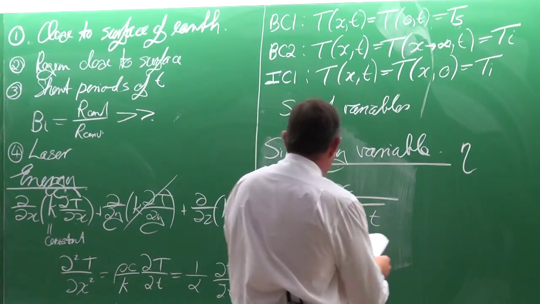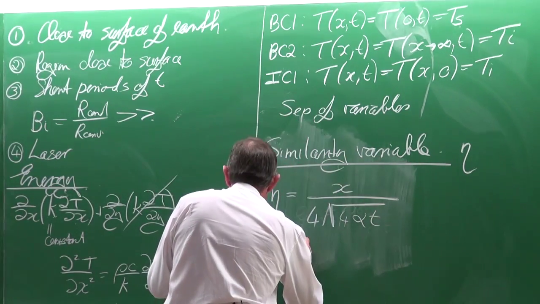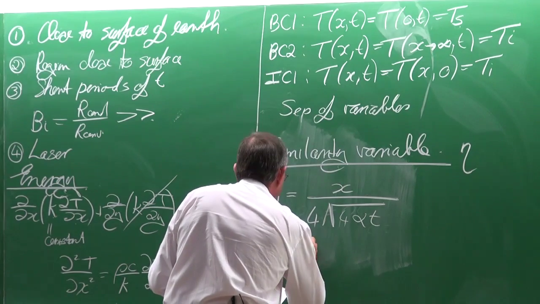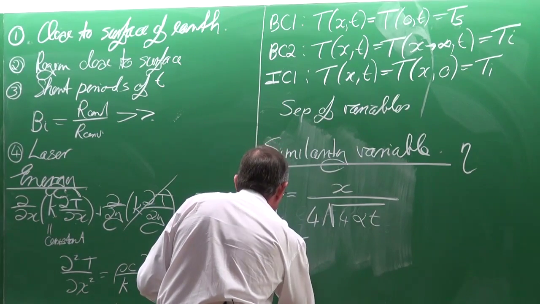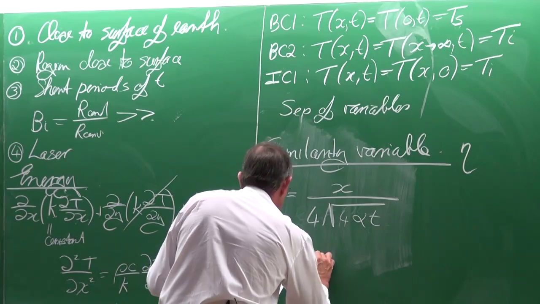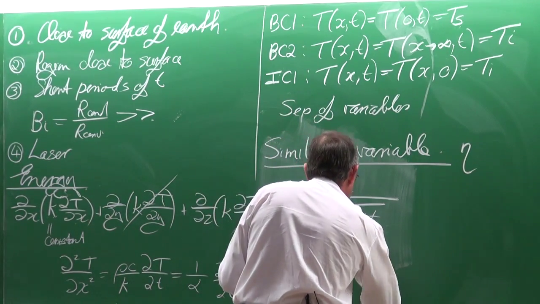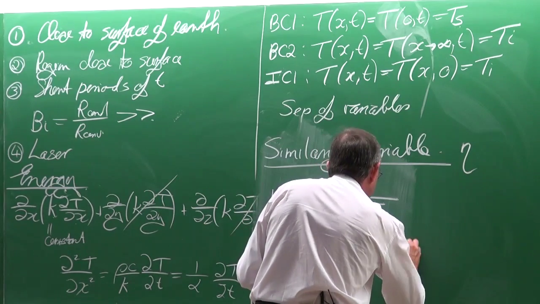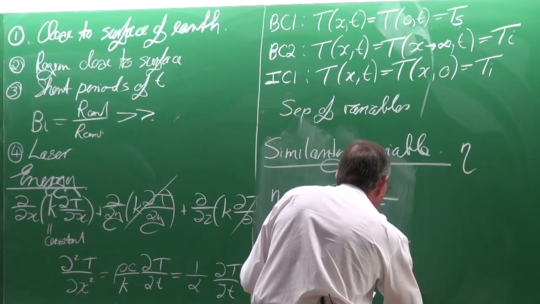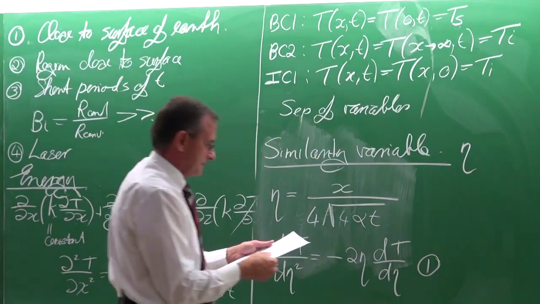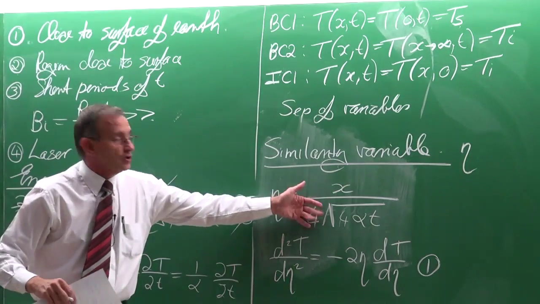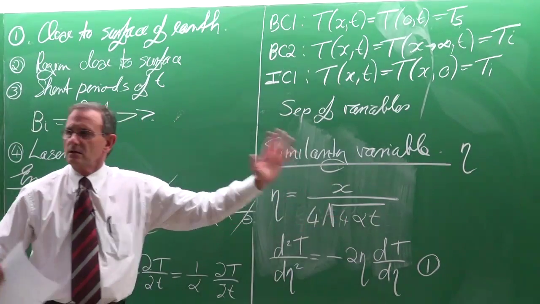What we can then do is write this partial differential equation as an ordinary differential equation, so that the solution is equal to minus 2 times eta multiplied by dT/d eta, and let's call that equation 1. We're not going to use it immediately, so it doesn't really matter what it is.